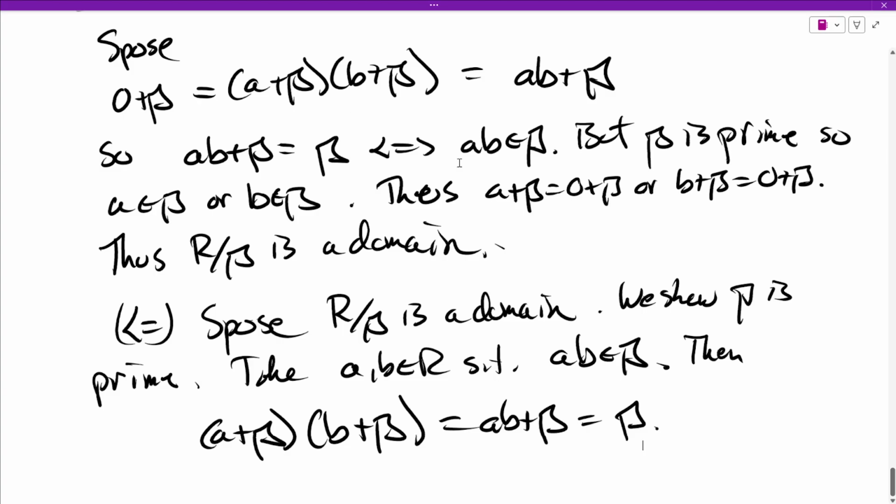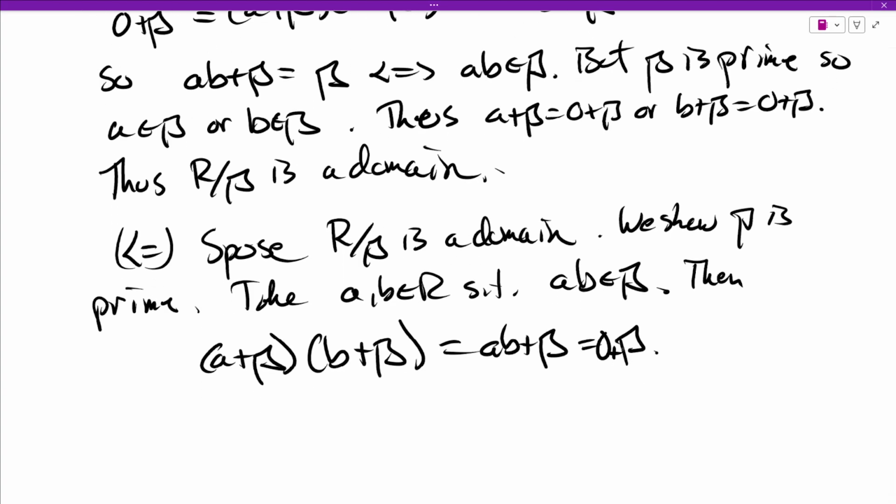Let me just indicate it's the 0 coset. But R mod P is a domain. So the only possible way we can multiply two elements and get 0, what is 0 in that quotient ring, is if one of them was 0.